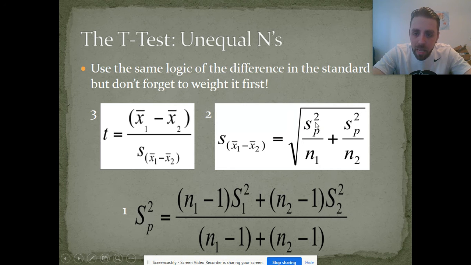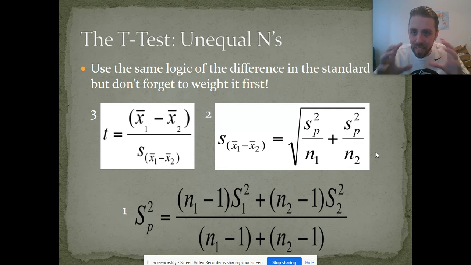So S squared P over N1 plus S squared P over N2, and then I take the square root of that. In this case, S squared P for both of these terms is the same number, but N1 and N2 are no longer the same number.